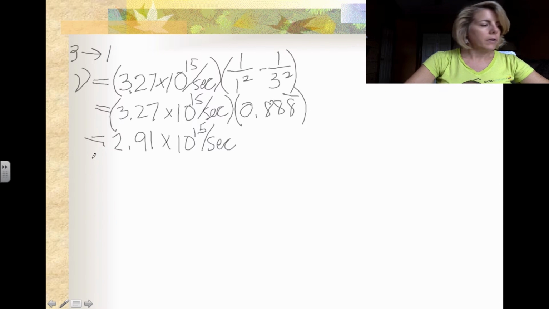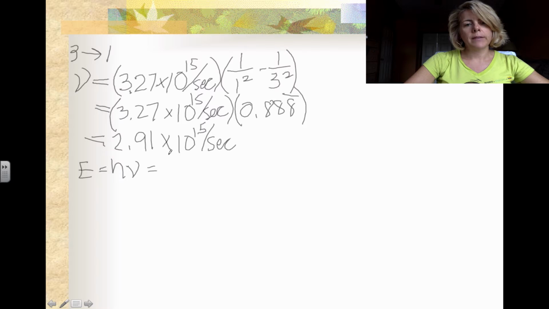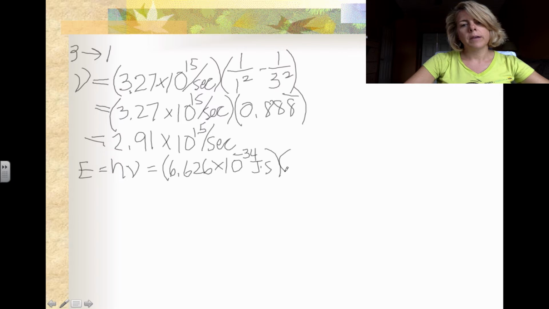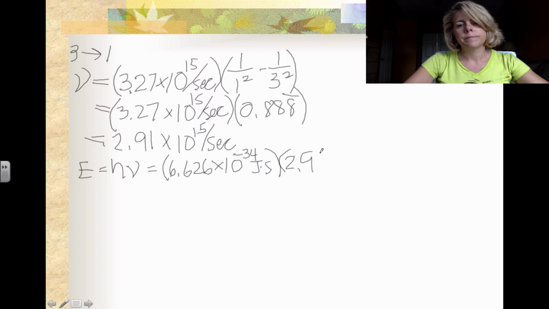Now, if I want to calculate energy, remember E equals h nu. So this is Planck's constant, which is 6.626 times 10 to the negative 34th, and that's joules times seconds, times the frequency we just calculated, so 2.91 times 10 to the 15th per second.